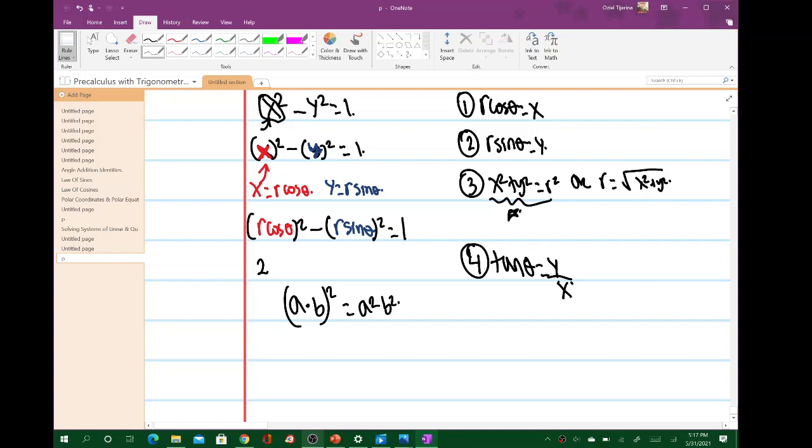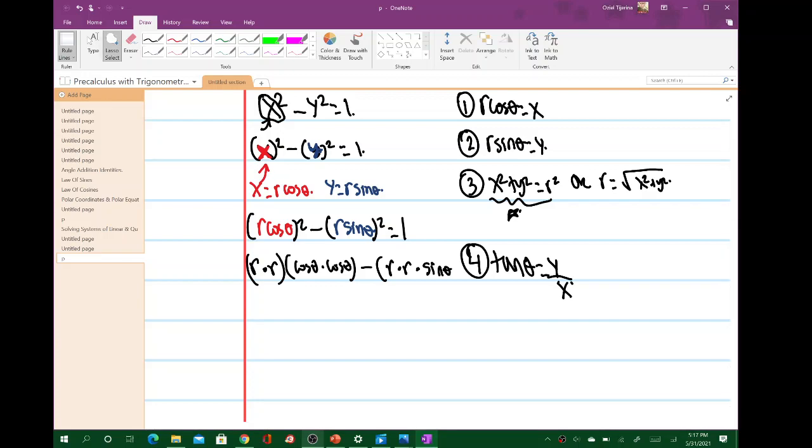That's just how it is. So that's the same thing here. And if it helps, you can say r times cosine theta times cosine theta minus, and then you can also say r times sine theta.